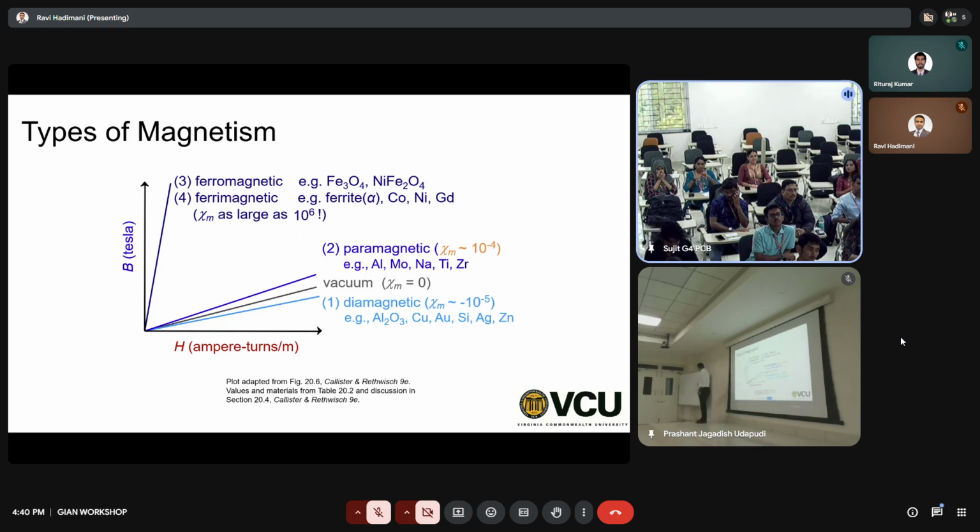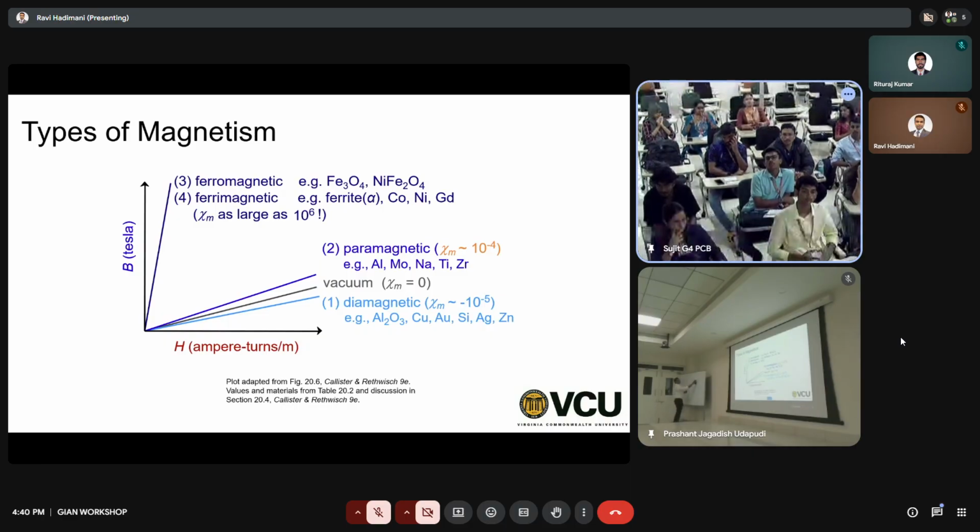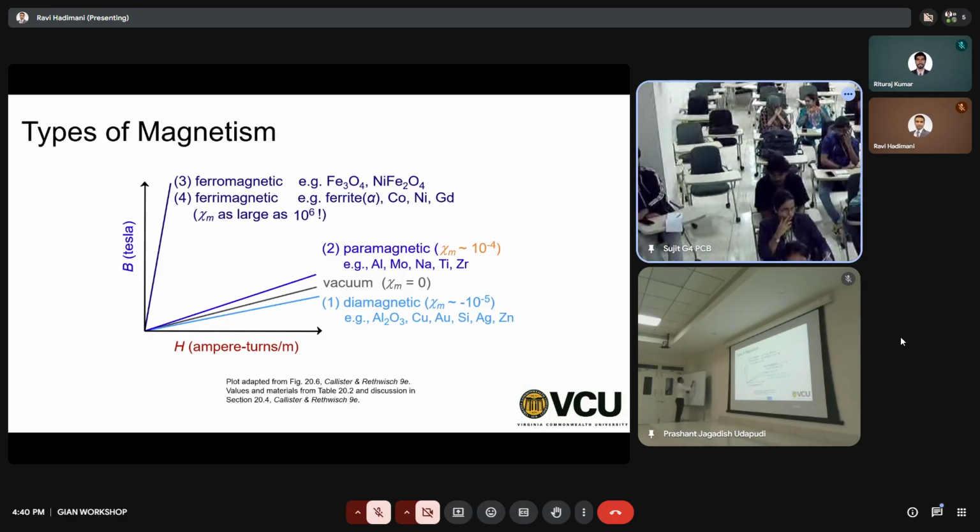H here is the axis. Maybe let me neatly write it so that you can see. I'll write para to understand paramagnetic, dia and ferro.